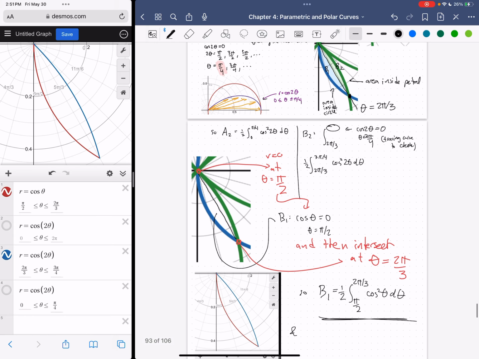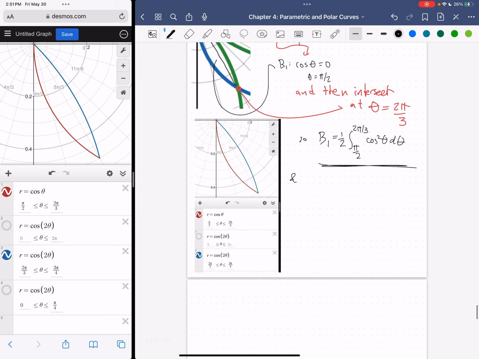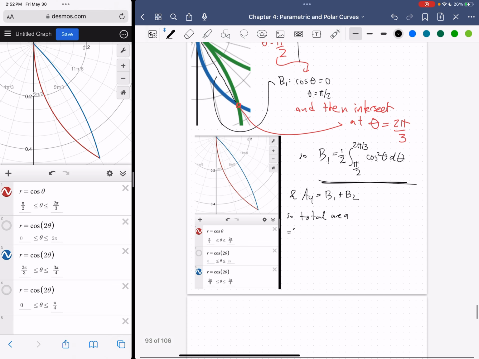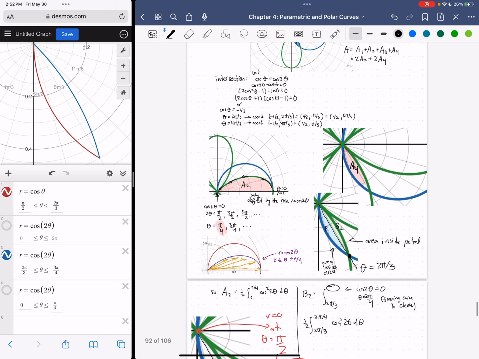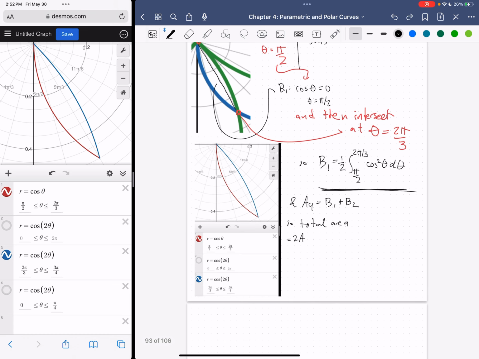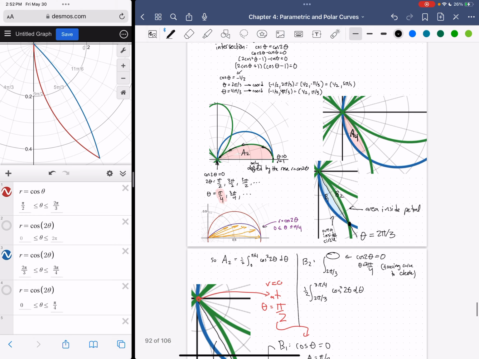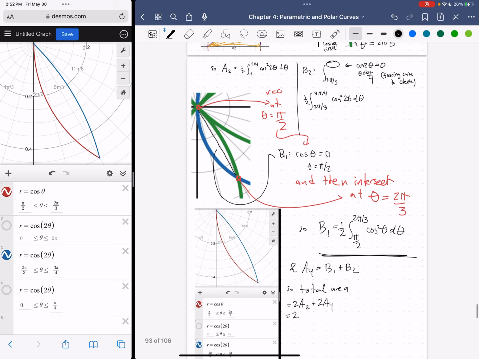And we had initially been trying to find A4. A4 is equal to B1 plus B2. So total area is equal to, let's see, oh no, 2A2 plus 2A4. What was our integral for A2? Oh, it's right up there.